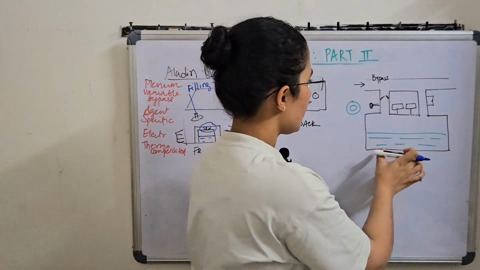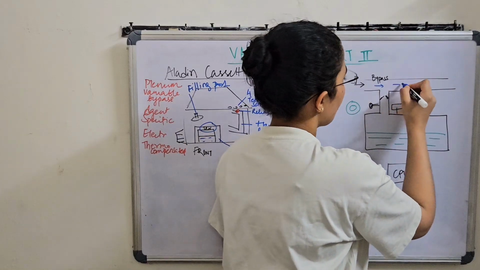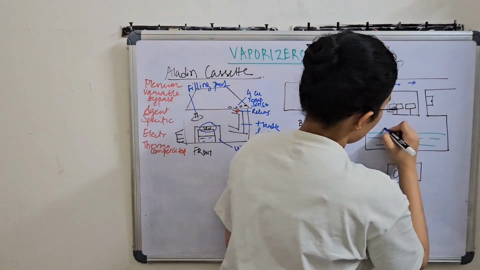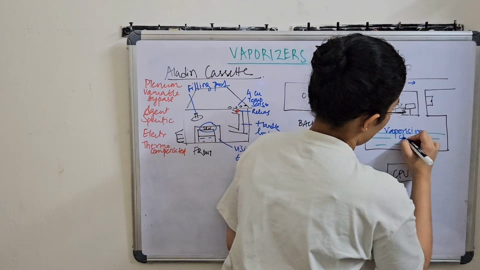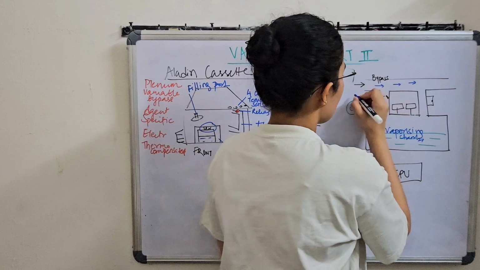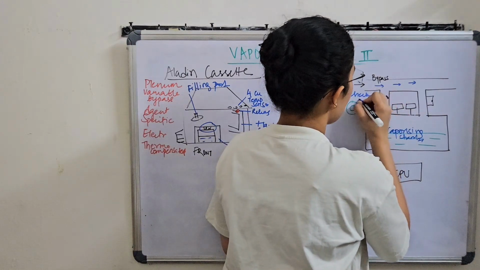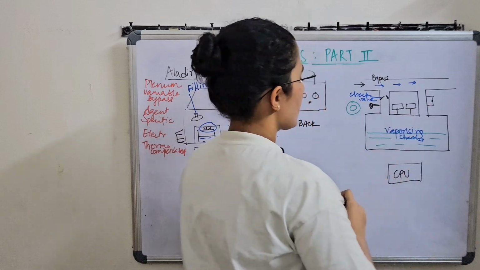Internally it looks somewhat like this. This is the bypass chamber for the gases to flow. This is the vaporizing chamber. These are the check valves which are present at the inlet of the vaporizing chamber.